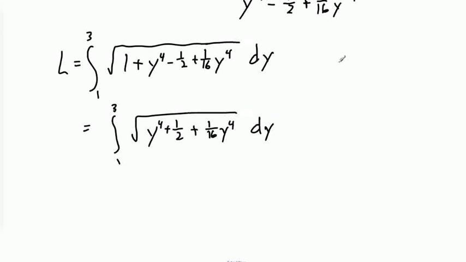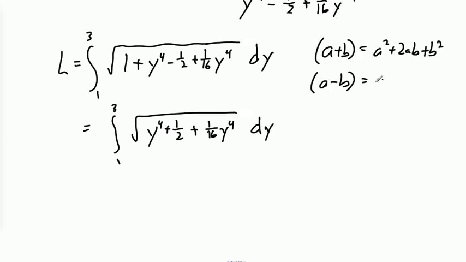Now, if we know our perfect squares, a plus b squared is a squared plus 2ab plus b squared, and a minus b squared is a squared minus 2ab plus b squared. The only difference between these is the middle sign.